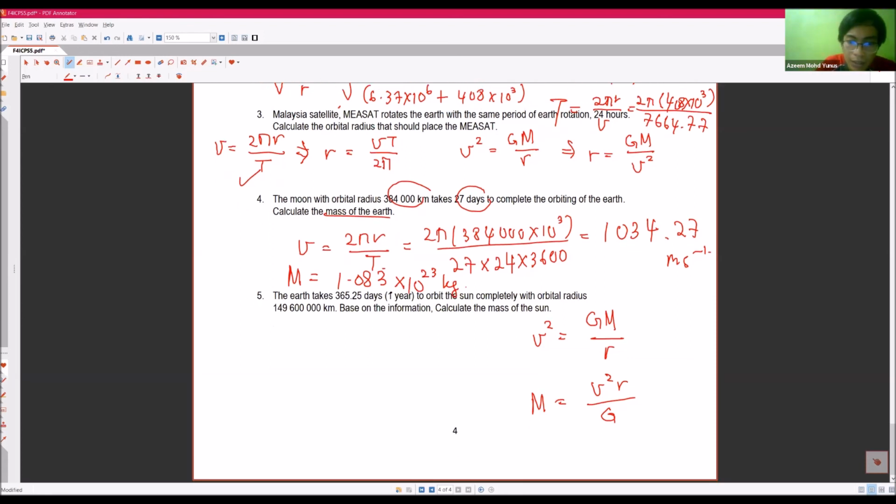Next, the Earth takes 365.25 days, 1 year, to orbit the Sun completely with orbital radius 149,600,000 kilometers. Based on the information, calculate the mass of the Sun. Again, the same formula.